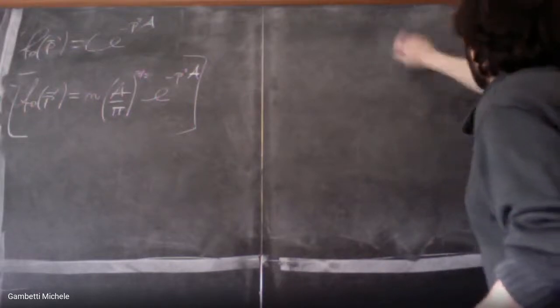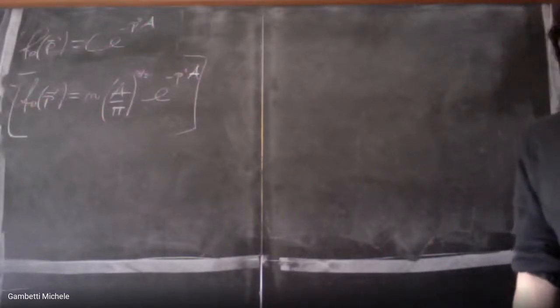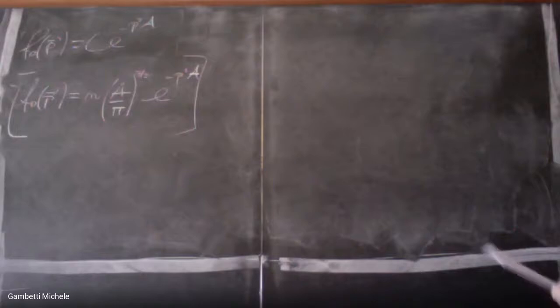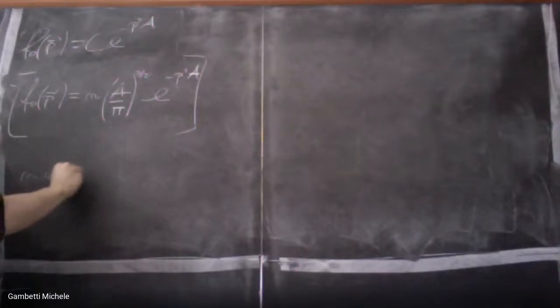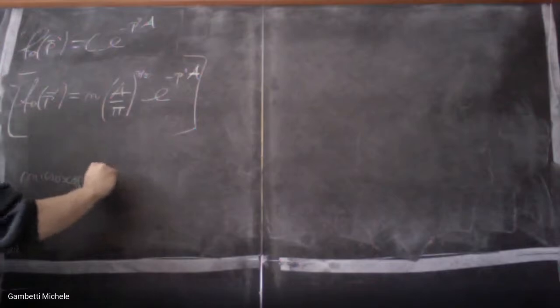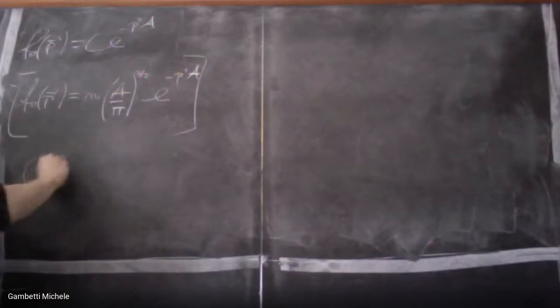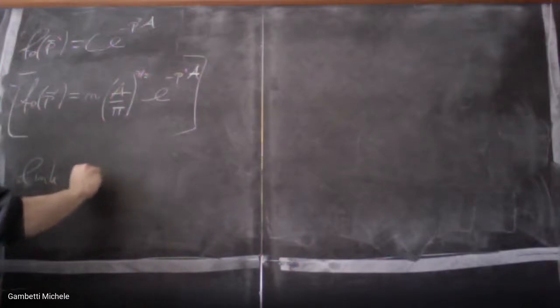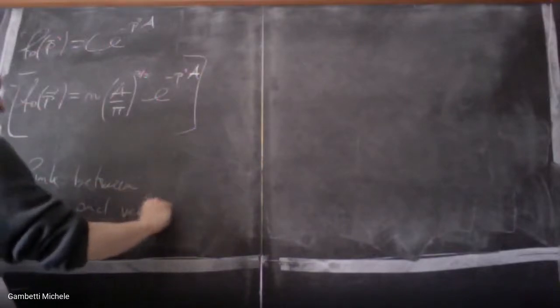Okay, but if you want, just as a reminder, one way to connect this a to the macroscopic quantities, let me just comment on one thing that you might have done in the course of general physics. So I will just sketch this derivation, okay? So this is the microscopic link between pressure and velocity distribution.